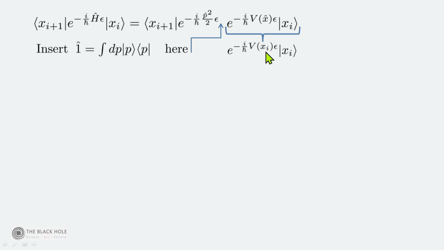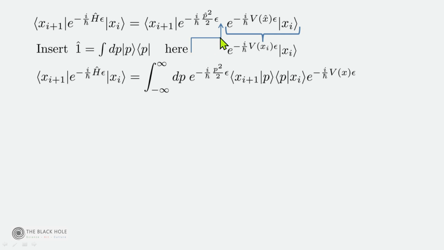Now I'll do more tricks. As I said, it is my privilege, my right to multiply by 1 in whatever form I like. So I'll put 1 in this form with the momentum bras and kets. Okay, so that goes in here, and that takes us to the next step. So let's see what's happened.